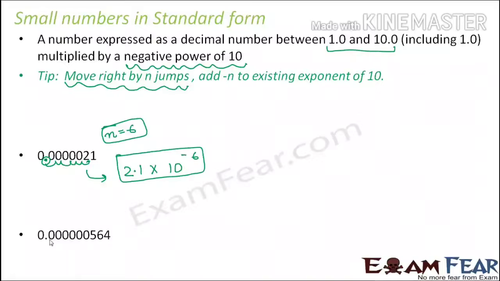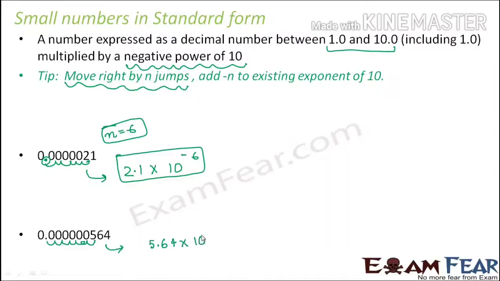So this is another example. Your decimal point is here. Till where do you want to move the decimal point? Do you want to place it here, 5.64? Yes, 5.64 lies between 1 and 10. Would you like to place it here, 56.4? That is far greater than 10, so that's not the right option. So we will make it 5.64.